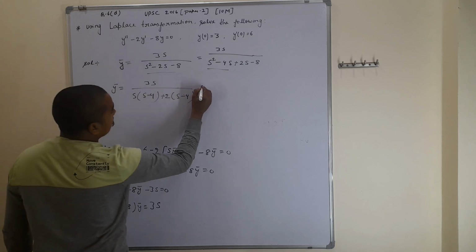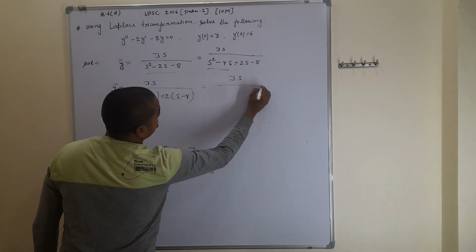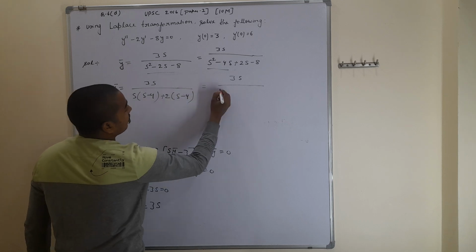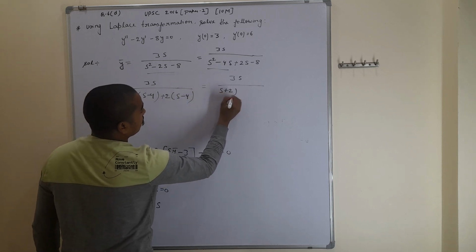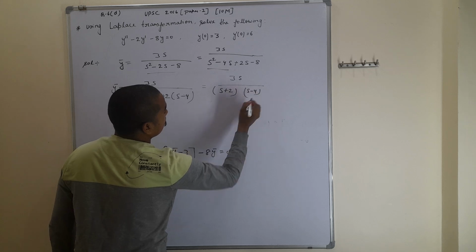So y bar is equal to 3s upon s plus 2 and s minus 4.